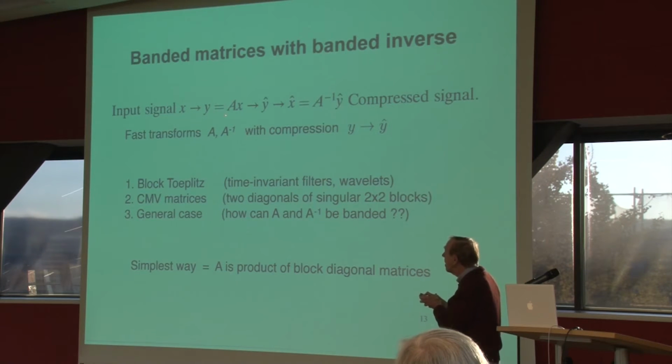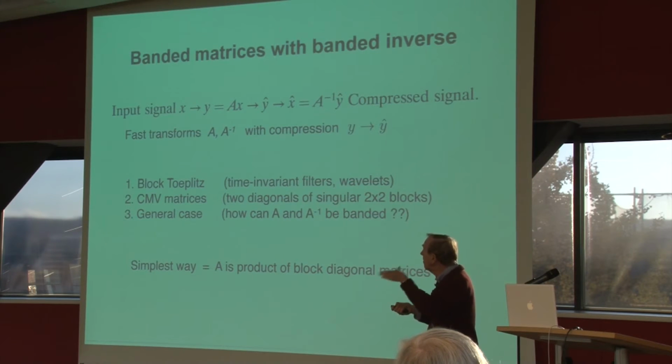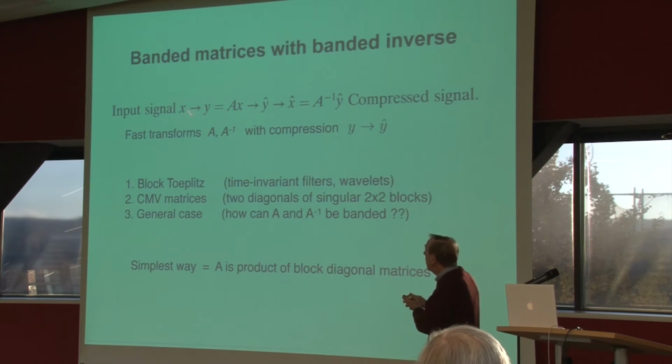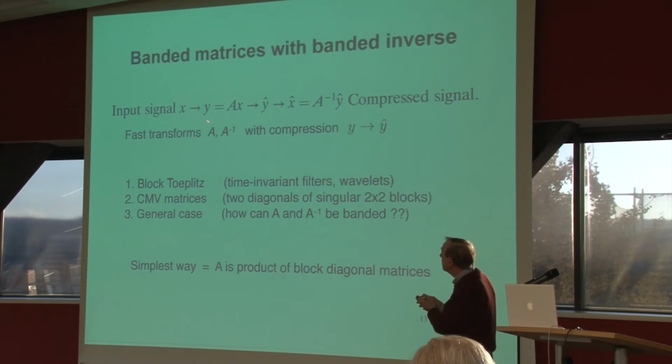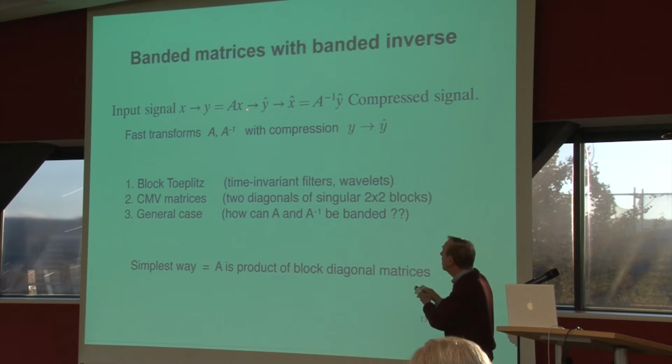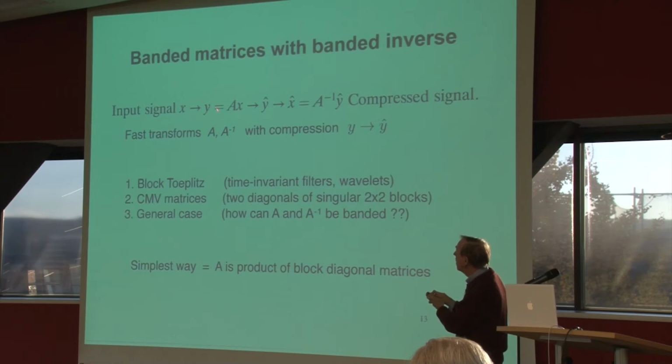But if I take the Fourier transform and I keep only the low 10% of the frequencies and throw away 90%, I have a pretty good approximation. So this Y is my same signal in transform space. And now in transform space, that's where I can throw away 90% of Y to get Y hat. So that's the compression. That's the nonlinear step where we lose information from Y to Y hat.